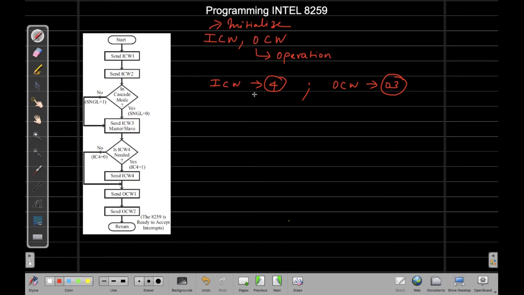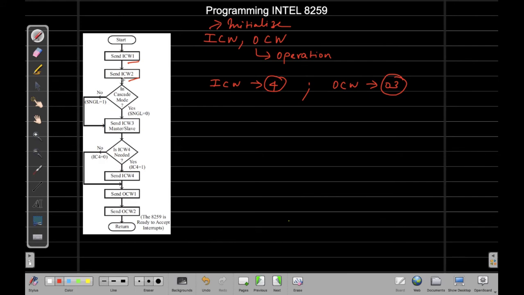For instance, if you look at the flowchart, you can see there are two send signals: send ICW1, send ICW2. These two control words have to be sent mandatorily before we start programming the 8259. Those are mandatory control words.